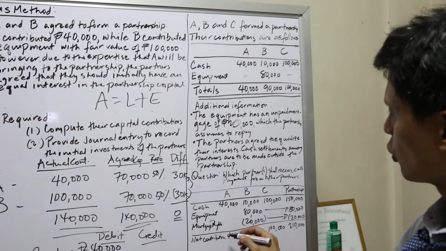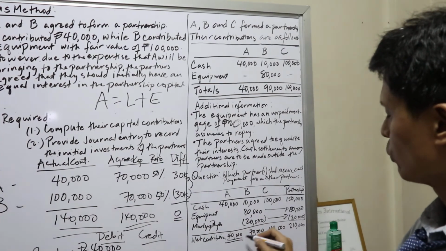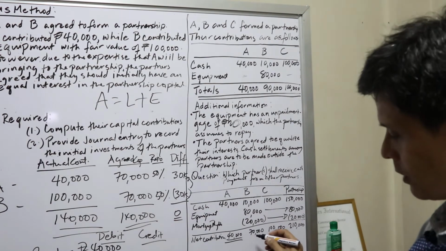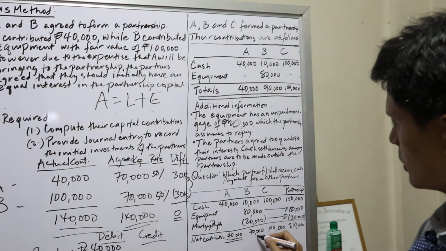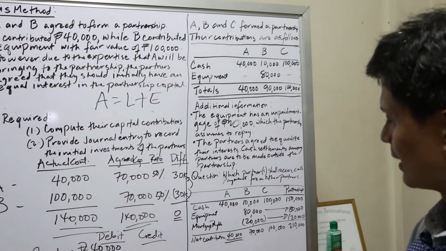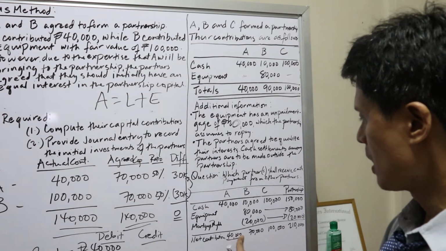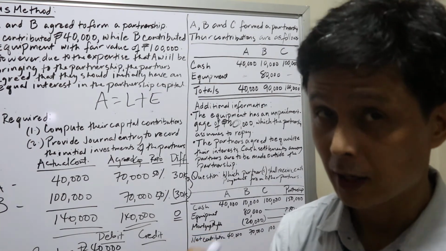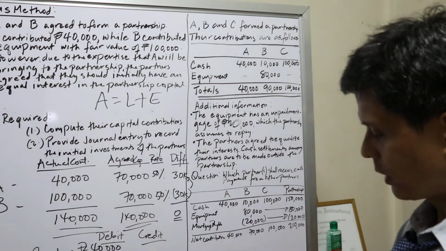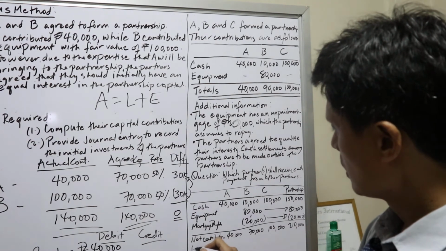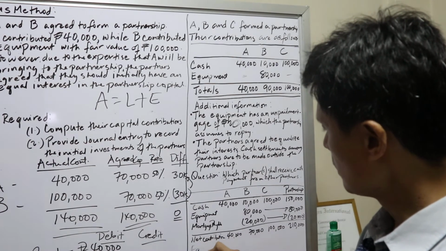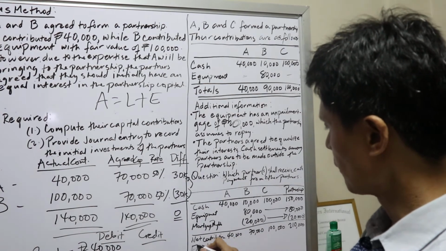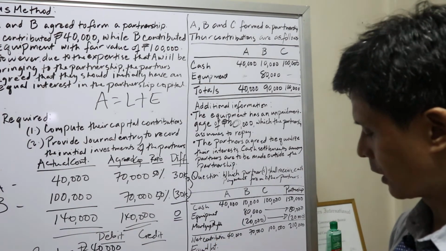So ang magiging net contribution ni A is 40,000 for A, while for B it would be 70,000, and for C it would be 100,000. This is the actual contribution, pero ang sabi natin, ang laging mananaig is yung agreement. So ang agreement is to equalize. So equal interest of one-third kasi tatlo sila.